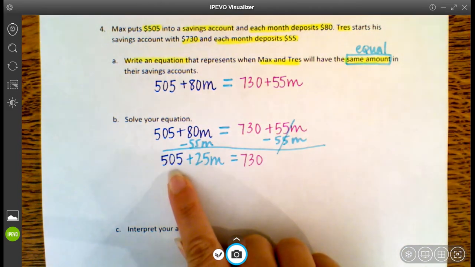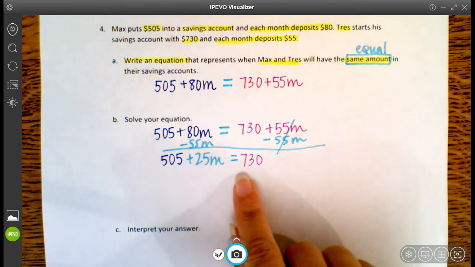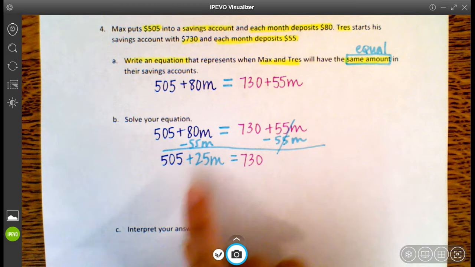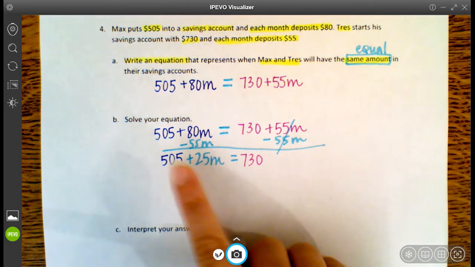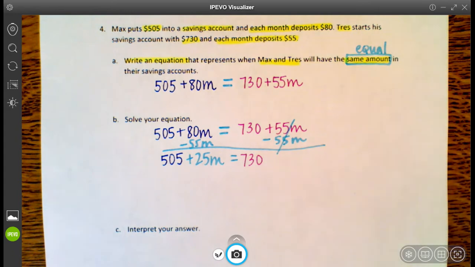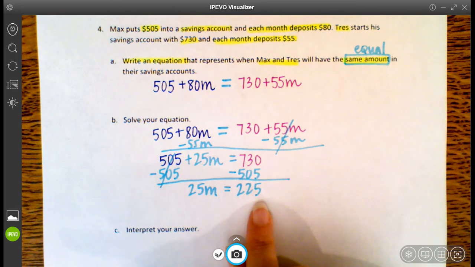So we should get 505 plus 25 M's when we subtracted the 55M equal to 730. So now we need to get this 25M by itself. So instead of adding 505, we're going to subtract it. We should end up with 25M equals 225.